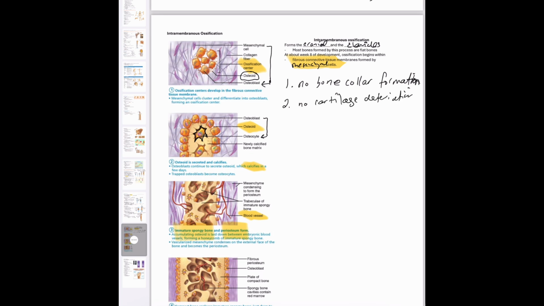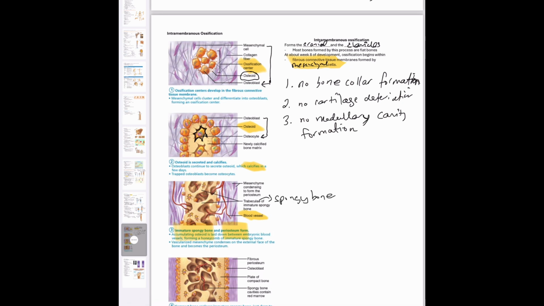And the last thing, number 3, there's no medullary cavity. Once again, no osteoclasts are going to be involved during this process. So for step 3, it's similar in that you get the formation of spongy bone. The fundamental unit for spongy bone, what we term it, is trabeculae.